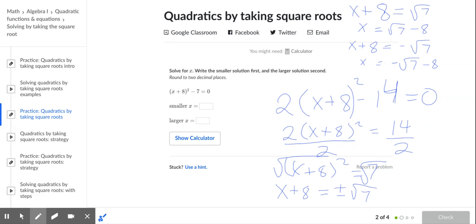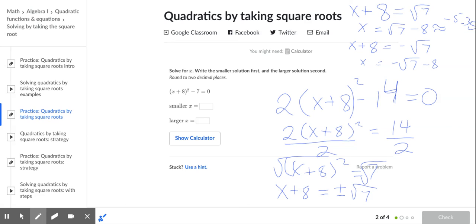So if I put in square root of 7 minus 8 in my calculator, I'm going to get approximately, remember it says 2 decimal places, so that's where we're going to round it to, negative 5.35 is what I'm getting on my calculator.